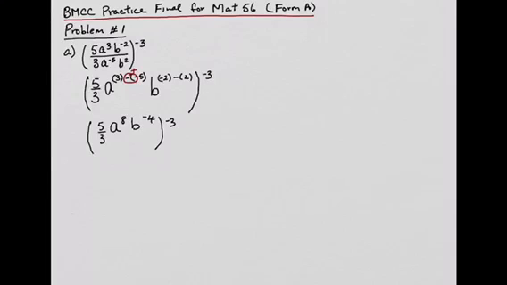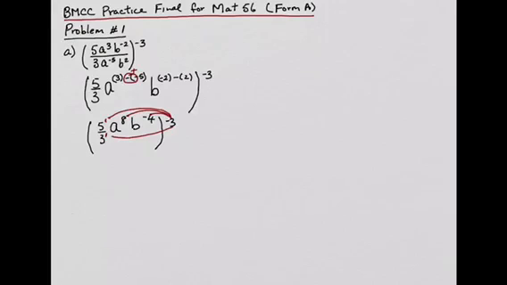Now keep in mind that the 5 has its own power of 1 and the 3 has a power of 1. Since there is nothing inside of the parentheses to simplify, I am now going to distribute the power on the outside to all powers on the inside.